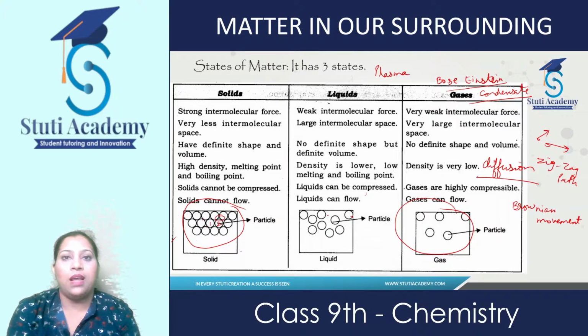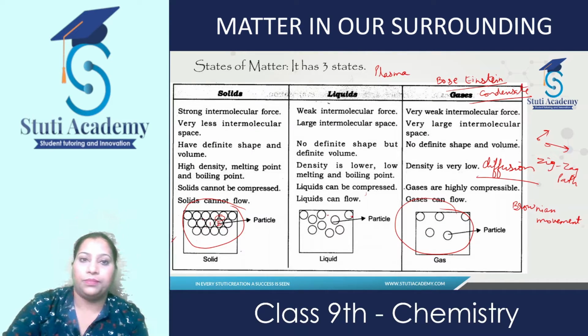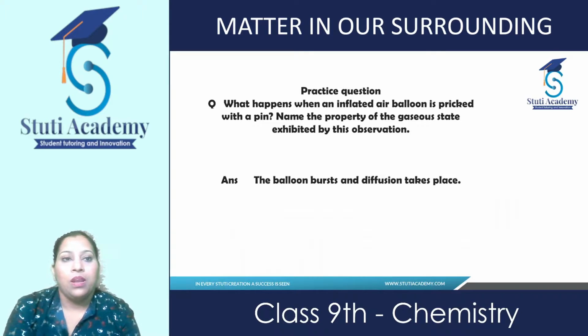So, these are the 5 states of matter: solid, liquid and gas, and apart from these, 2 more states, plasma and Bose-Einstein condensate. Now, what type of questions are asked in the exam?